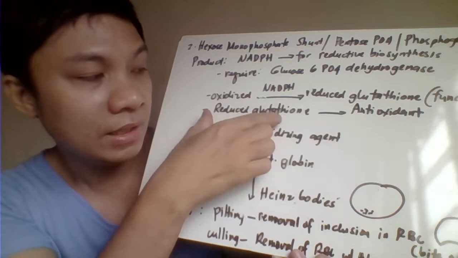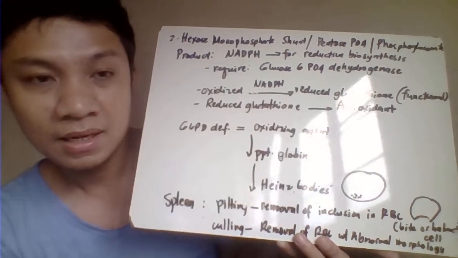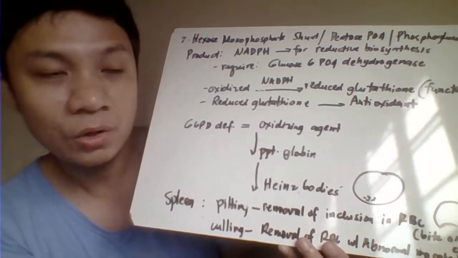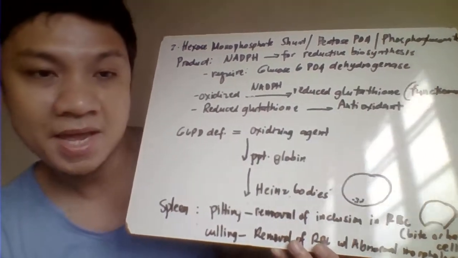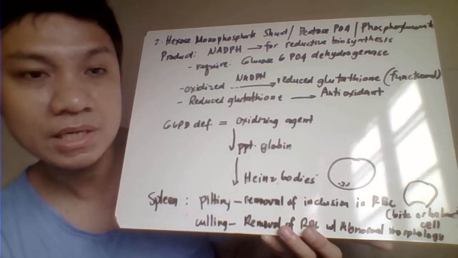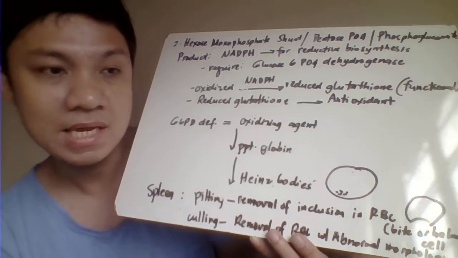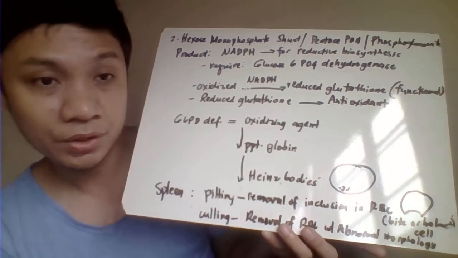Okay, so in a case wherein, for example, the patient does not have glucose-6-phosphate dehydrogenase, the patient has a metabolic condition, glucose-6-phosphate dehydrogenase deficiency. Glucose-6-phosphate dehydrogenase deficiency is an inherited disorder.